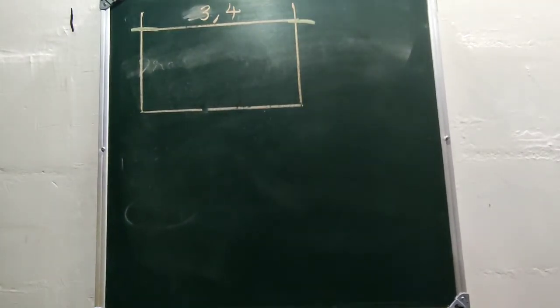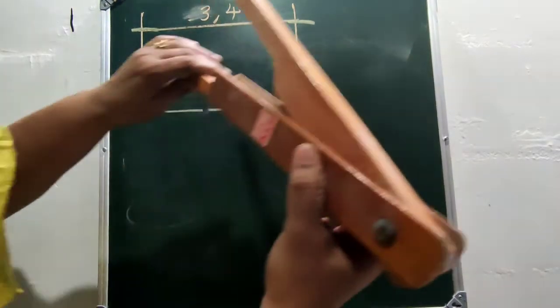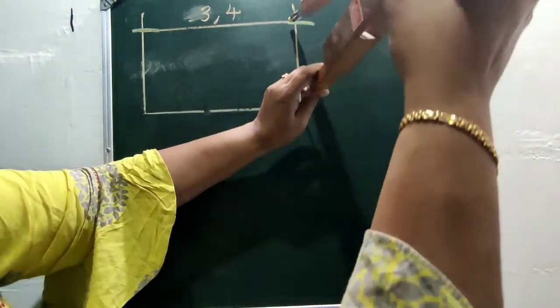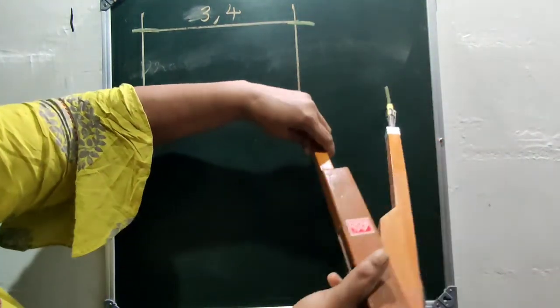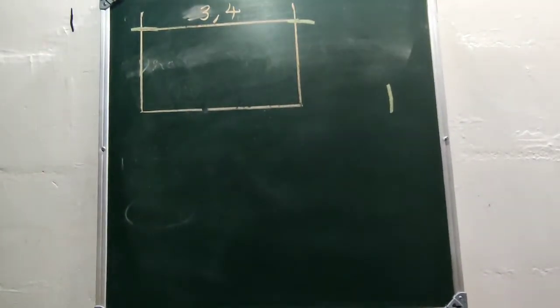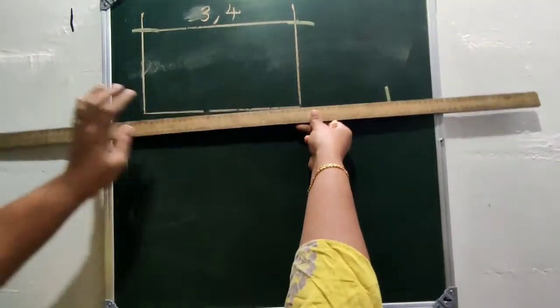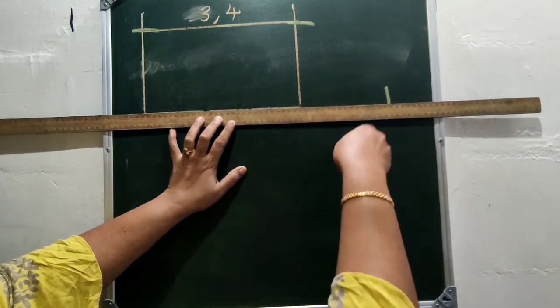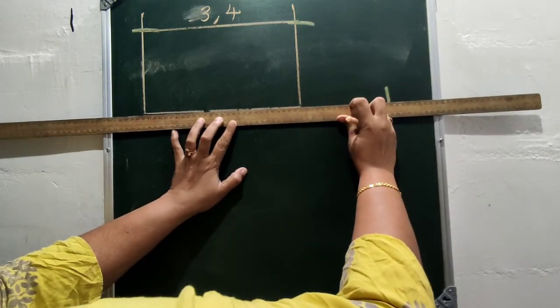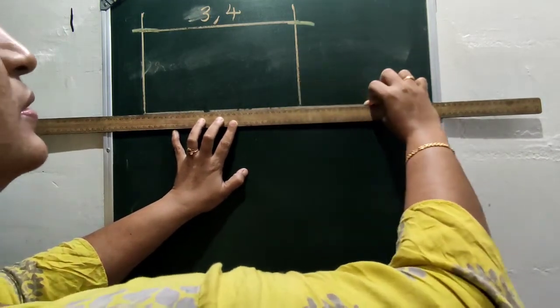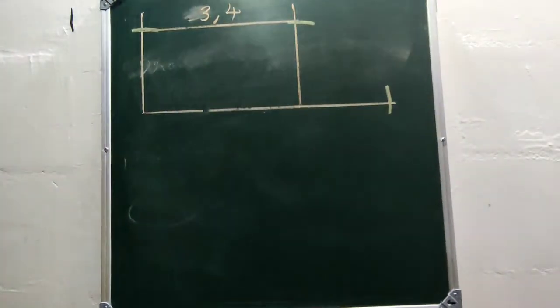Now I am extending this 4 centimeter line by 3 more centimeter. For that, draw an arc like this, then extend our 4 centimeter line to touch that arc. So that length is 4 plus 3, equal to 7 centimeter.